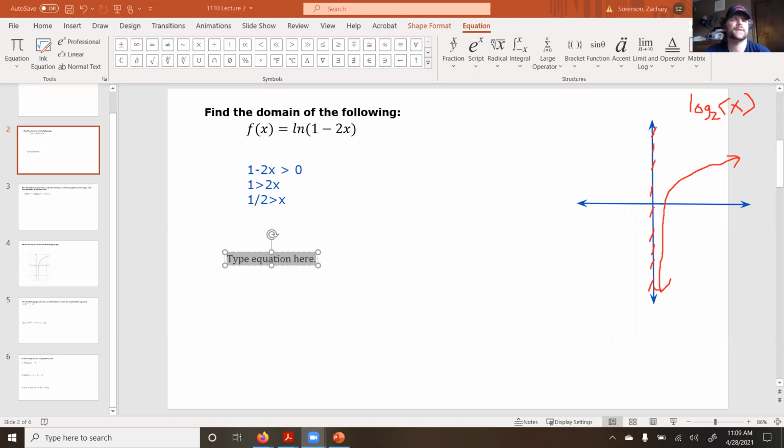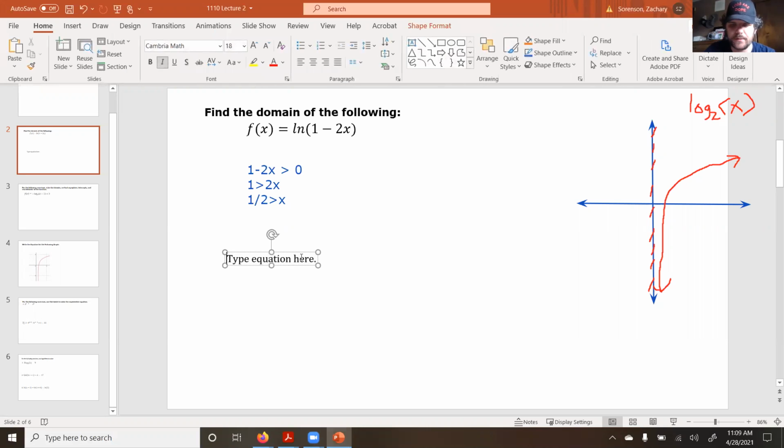Yes, Austin, x is everything less than 1/2. So what's the smallest value x can be? Or again, what's the biggest value? I'll take either side of that question. Would it be 1/2? That's the biggest value, great. So I'll do a parentheses, something, comma, 1/2.